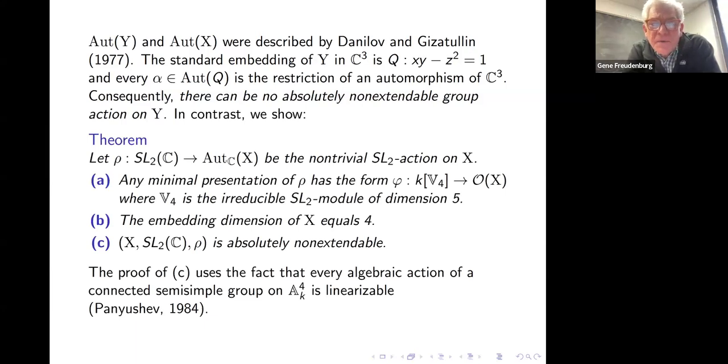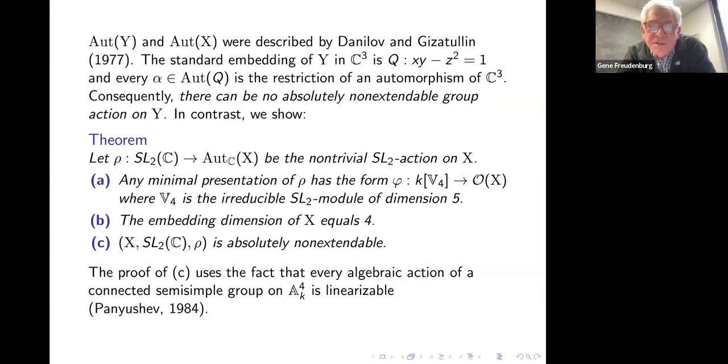So let rho denote the non-trivial SL2 action on X, which is essentially unique. Then, first of all, any minimal presentation of rho has the form given here, k of V4 to the coordinate ring of X, where V4 is the irreducible SL2 module of dimension 5.